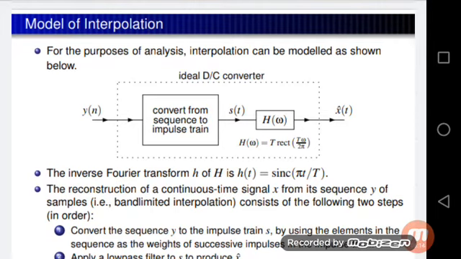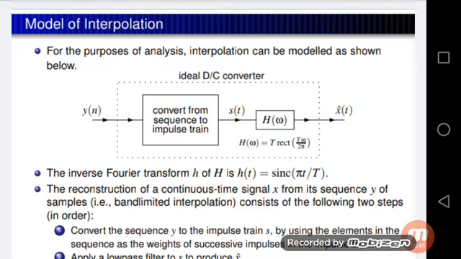The inverse Fourier transform of capital H is h of t equal to sin pi t by t. So by using interpolation, we convert the information from one form to another form.